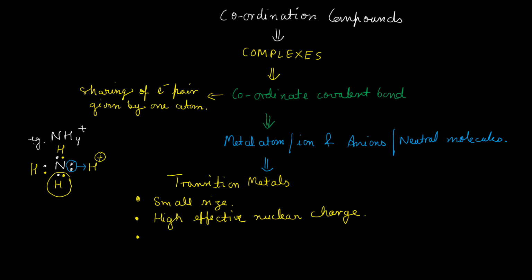So coordinate covalent bond involves sharing of electrons, but the shared pair of electrons will be contributed by a single atom. It is shown with an arrowhead, so you can show it like this. This is a normal covalent bond between 3 hydrogen atoms, and this is the coordinate covalent bond. So in this way, ammonium ion can be shown.